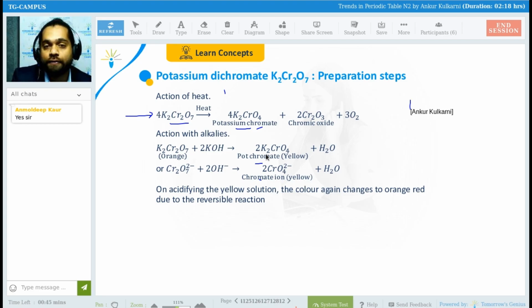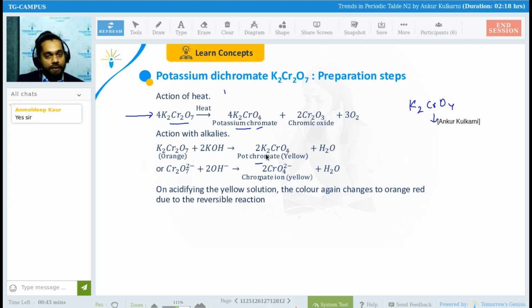What is the oxidation state of Cr in chromate? Sarjana, Anmoldeep, Sindhuja, what is the oxidation state of chromium in chromate? And in dichromate, what is the oxidation state?